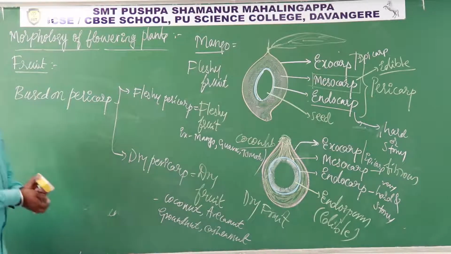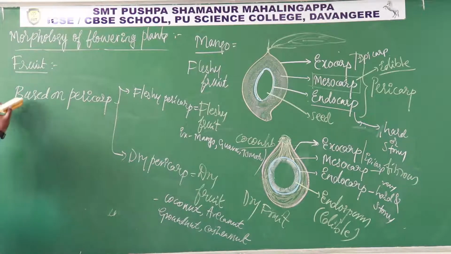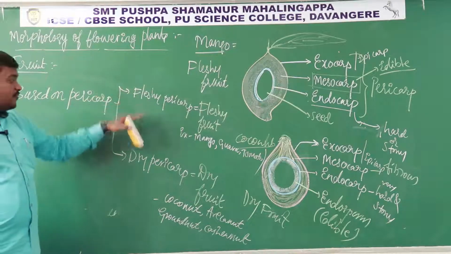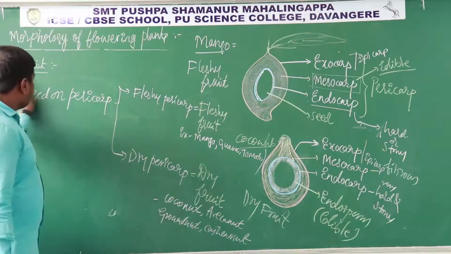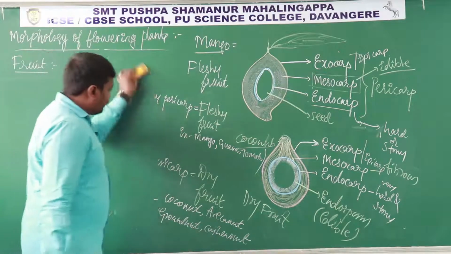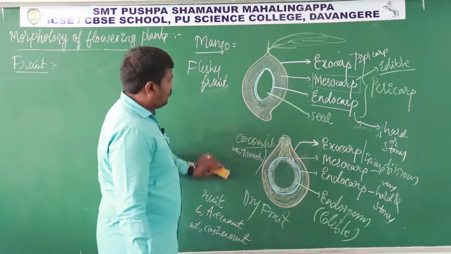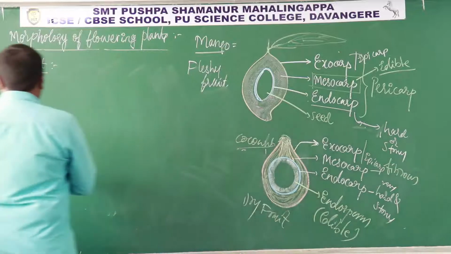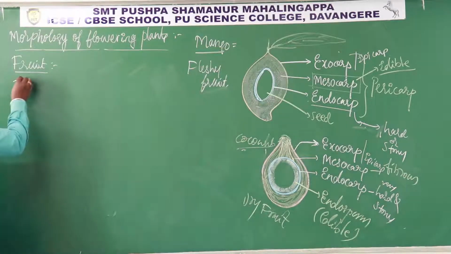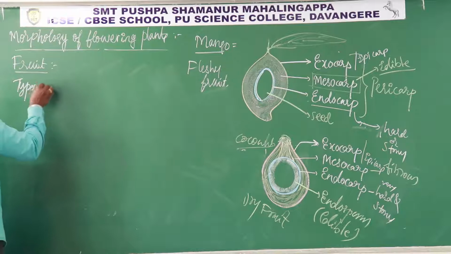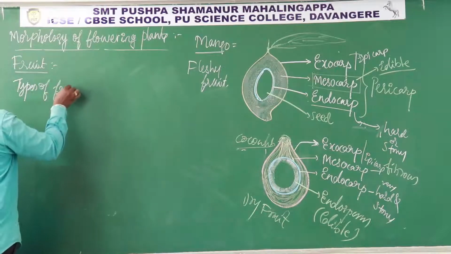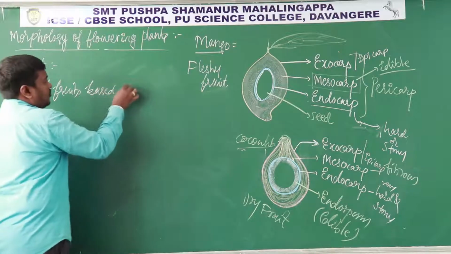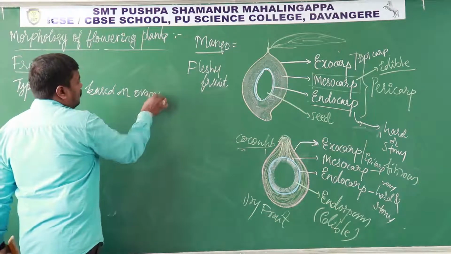Okay, so this is one category of fruit based on the nature of pericarp, fleshy fruits and dry fruits. Okay, and these fruits can also be classified into different types depending on different criteria. So let me take few examples for this. Types of fruits based on ovary.